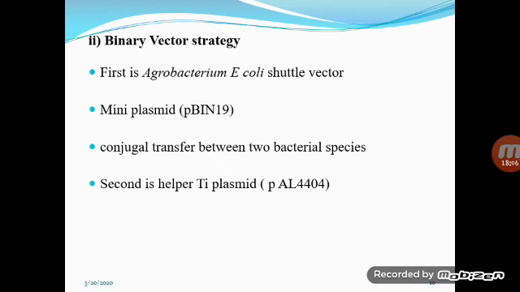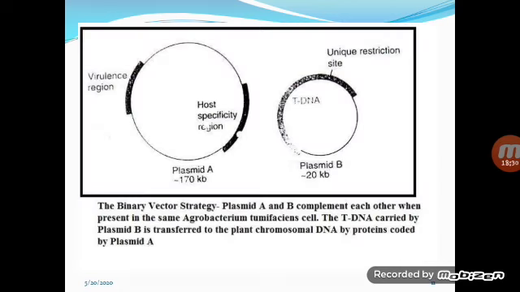The Vir genes of the helper Ti induce the transfer of the T-DNA present on the first plasmid from the bacterial cell. As a result, the gene insert within the T region is also transferred into the plant cell. This is the binary vector strategy.